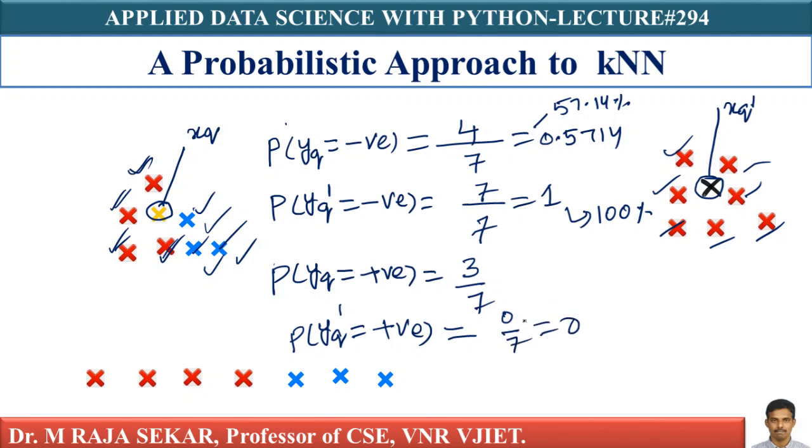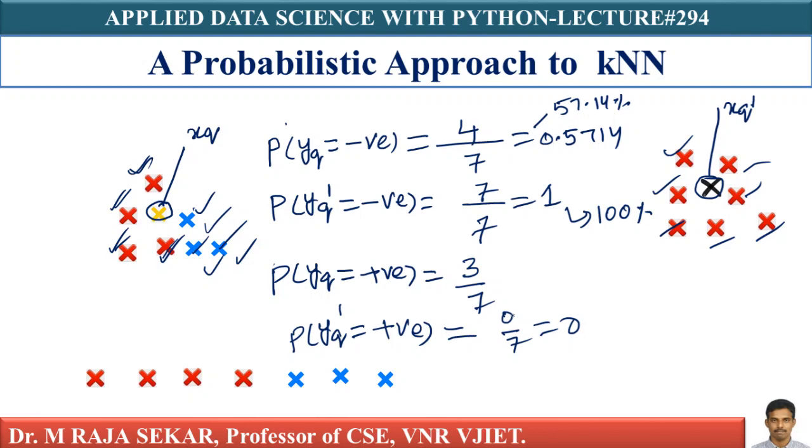Using KNN, I can give a probabilistic output like this, because it helps a lot. Giving a probabilistic output is very useful. Probabilistic class label instead of deterministic label: we are not saying that yq is positive or yq is negative. We are saying that the probability that yq is negative is 4 by 7, which is equal to 57.14%.